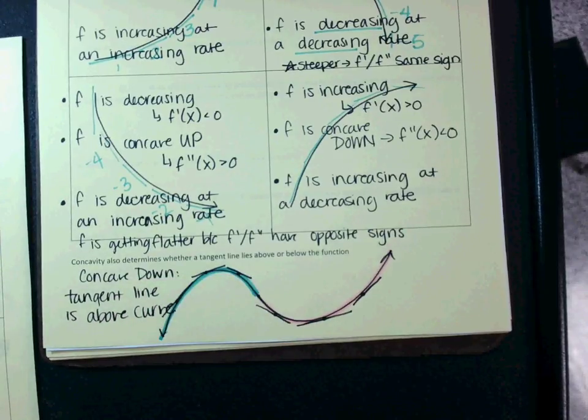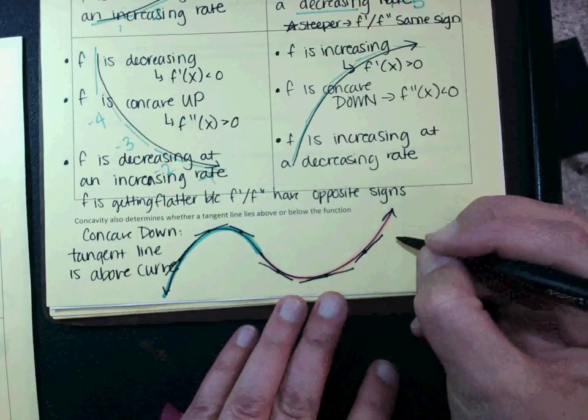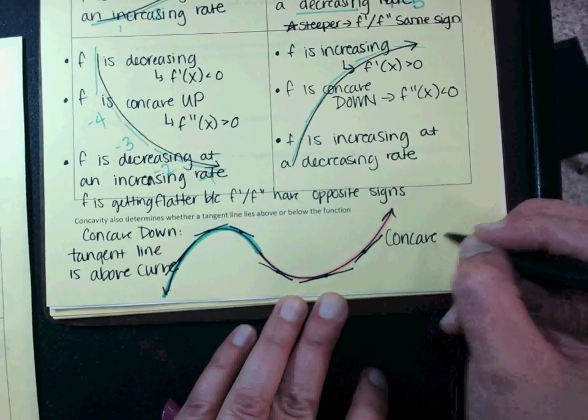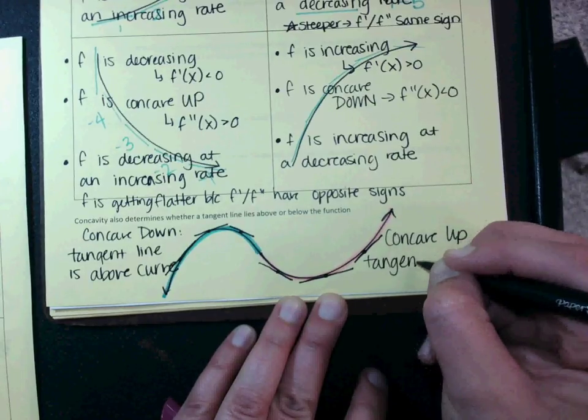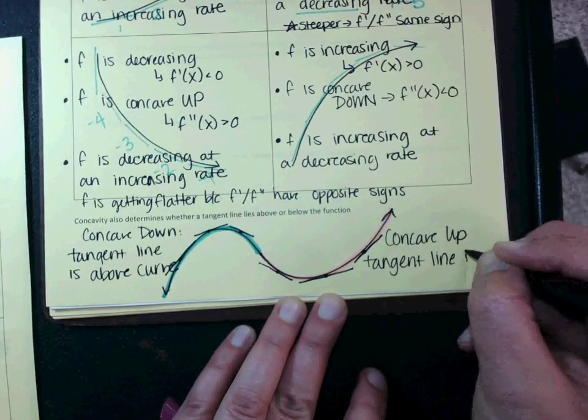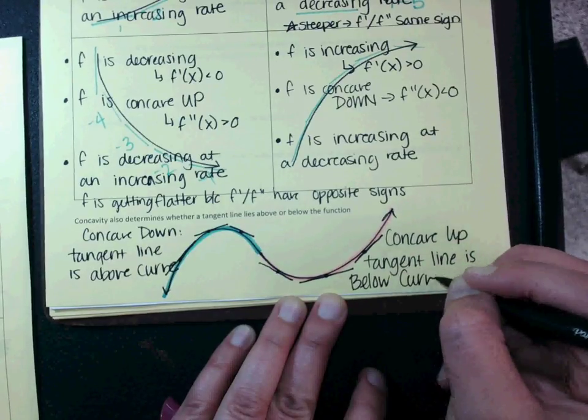And then the opposite is true. If it's concave up, your line is going to cut underneath the curve. Okay, so for concave up, your tangent line is below the curve.